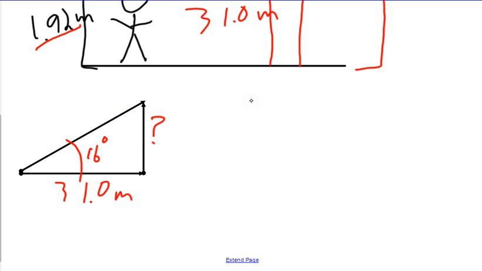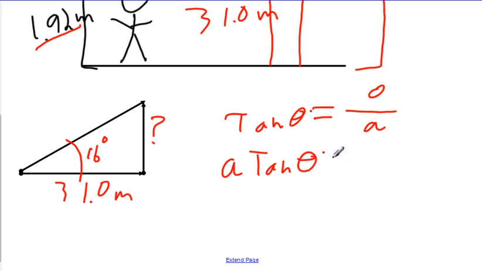And so, let me just write this out. Tangent of theta is equal to opposite over adjacent, TOA, T-O-A. All right. Now, we can rearrange this. We're looking for our opposite, so this becomes adjacent times tan of theta is equal to opposite.